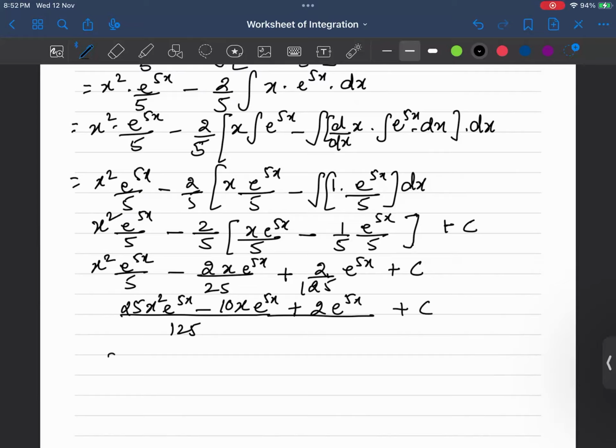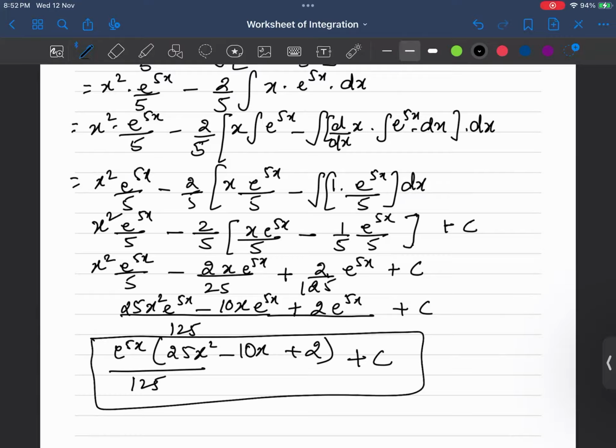Can I take a simpler form? Can I take e power 5x outside? It would be 25x square minus 10x plus 2, upon 125, plus c. This would be your answer.